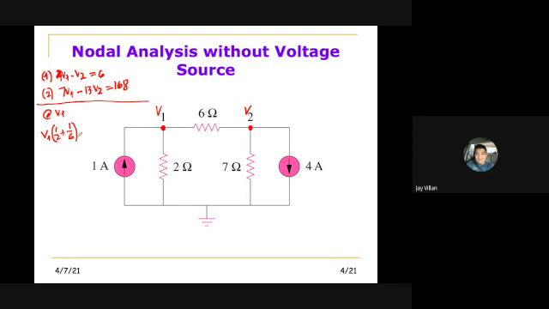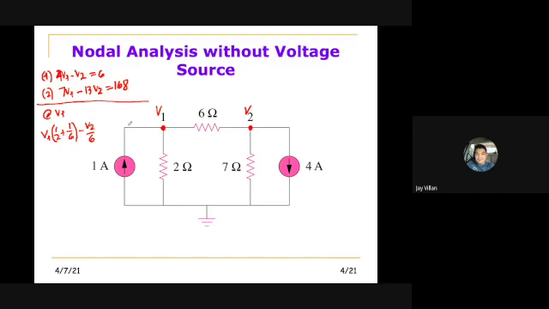Okay? Then, minus the voltages adjacent to your V1 via a single resistor. So this connects V1 and V2 via the 6 ohm resistor. So that becomes V2 over 6.